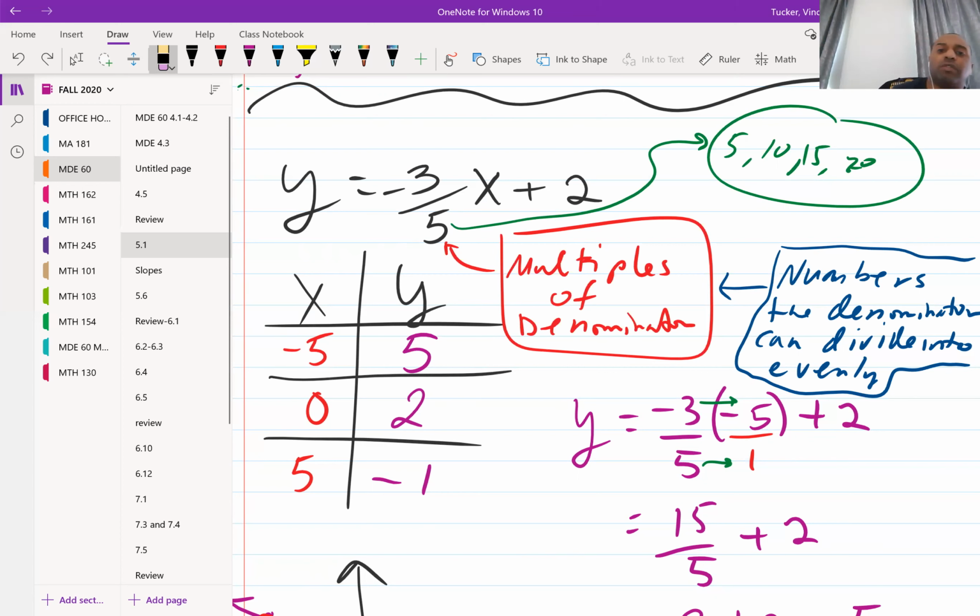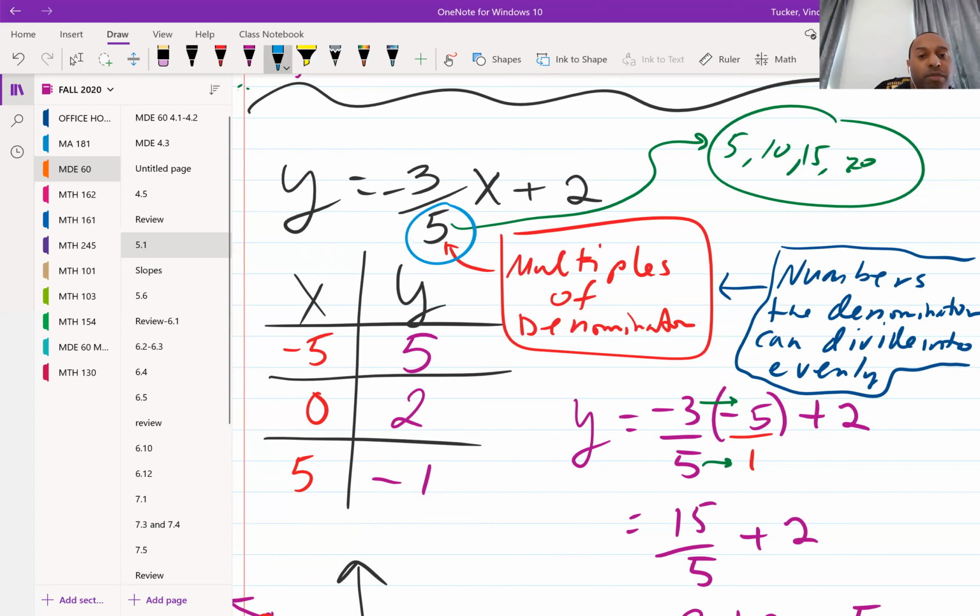All right, so it's all going to be based on the denominator. So we're going to choose multiples of that denominator. In other words, values that the denominator can divide into evenly. When we look at this 5, I would choose values like 5, 10, 15, 20, something that the 5 can divide into.